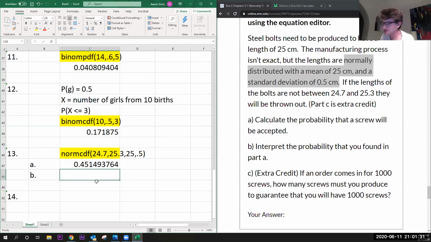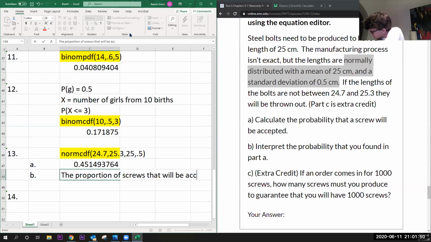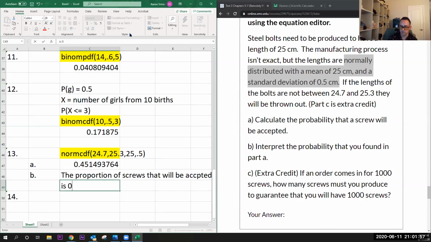Not the proportion that a screw will be accepted, but the proportion of screws. The proportion of screws that will be accepted is 0.45. That's it. Good.